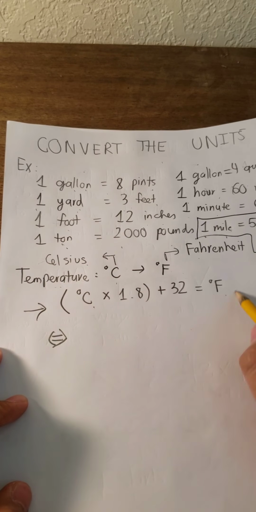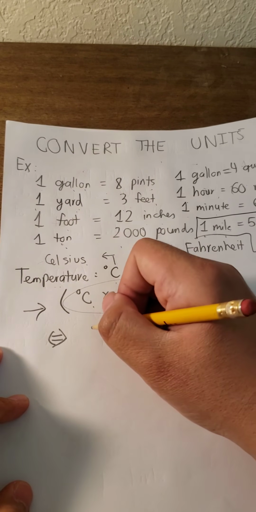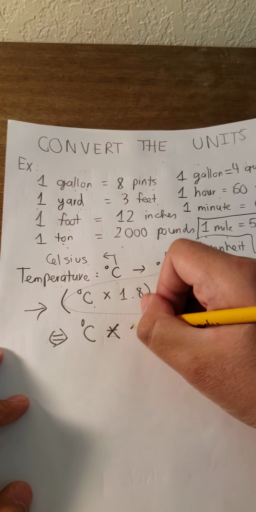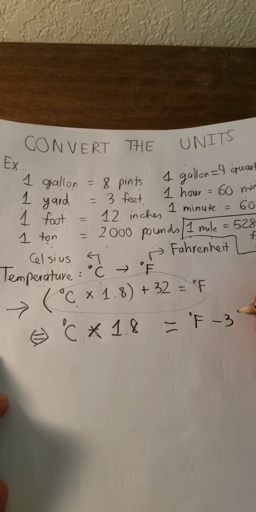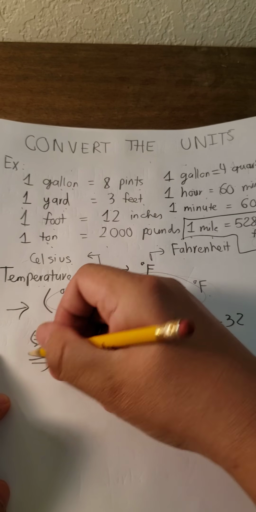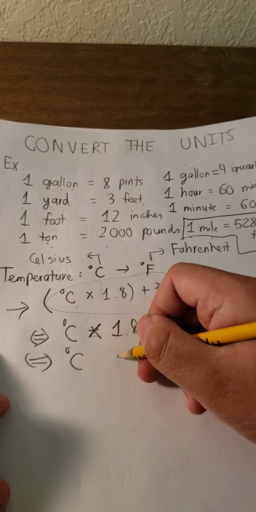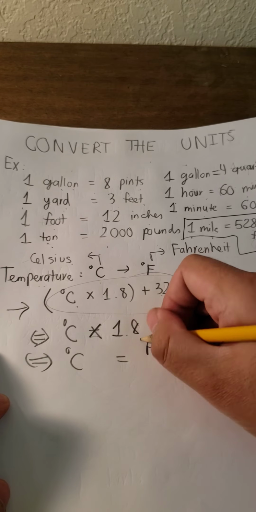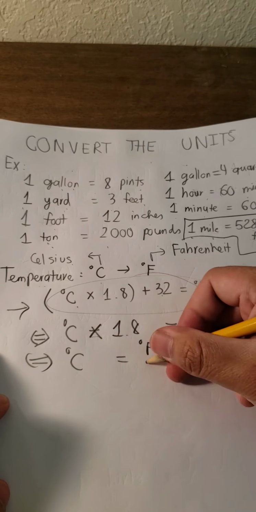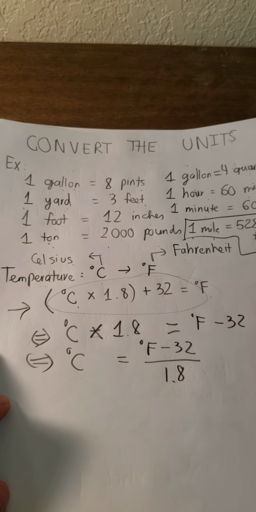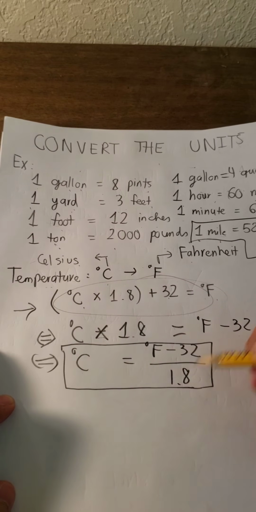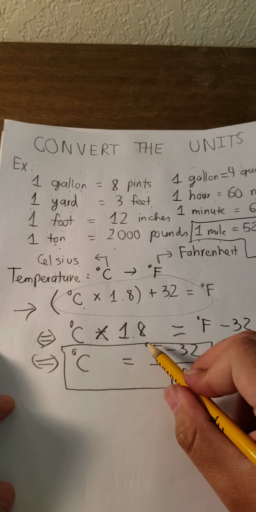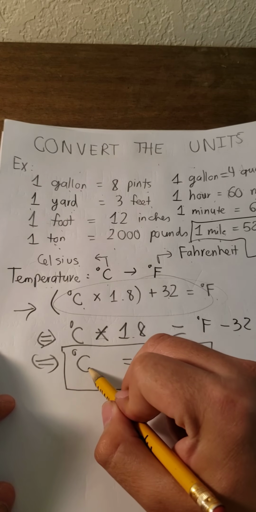In here we have the formula: we have 32, go to the right side it is minus 32, and then C equals Fahrenheit minus 32 divided by 1.8. This is the formula to convert Fahrenheit back to Celsius.